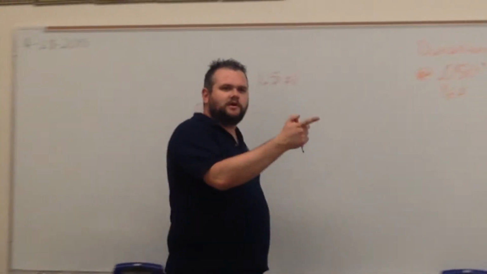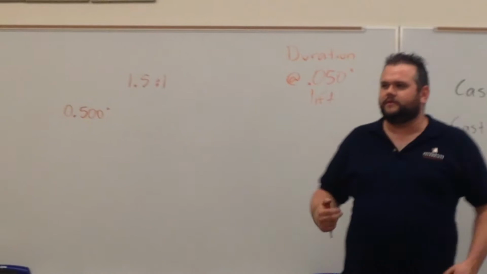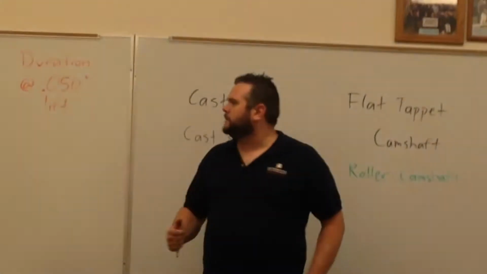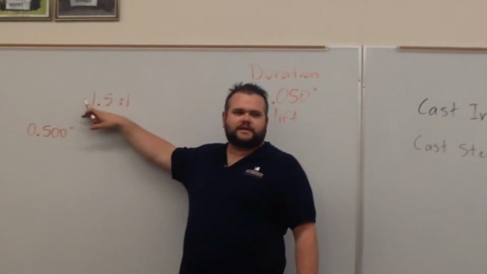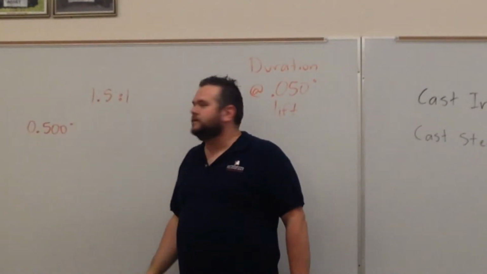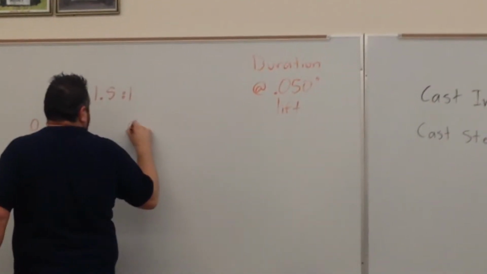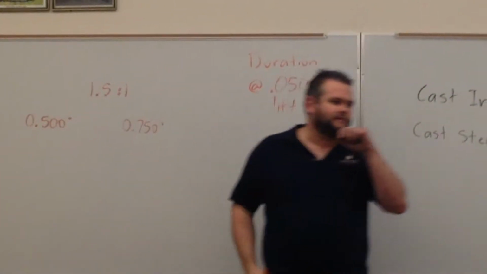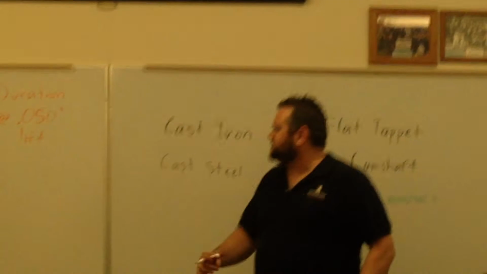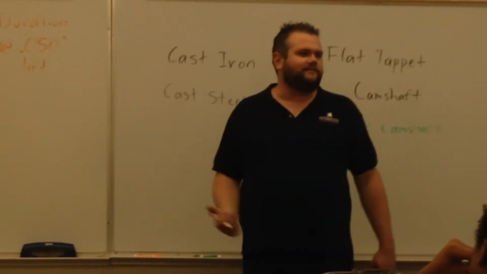So that's how much the lobe itself would actually push up on the lifter and push up on the push rod. When we multiply that by 1.5, that's going to give us our true valve lift. So our valve would actually move, in this case, 750 thousandths. So the lobe can be smaller, but we still get a larger amount of valve lift at the end.